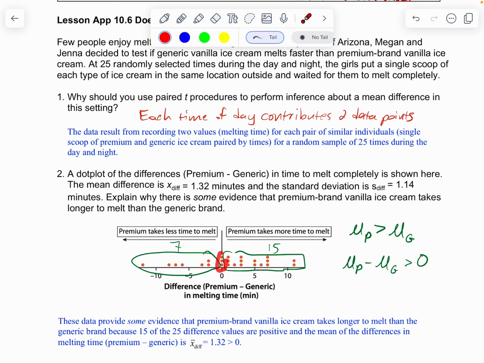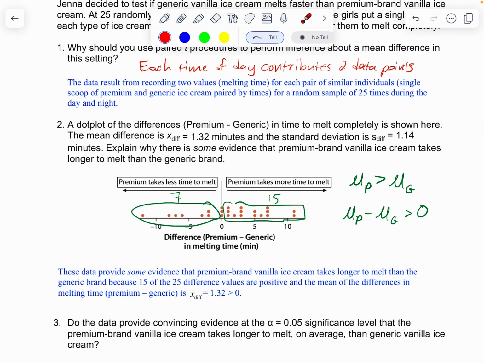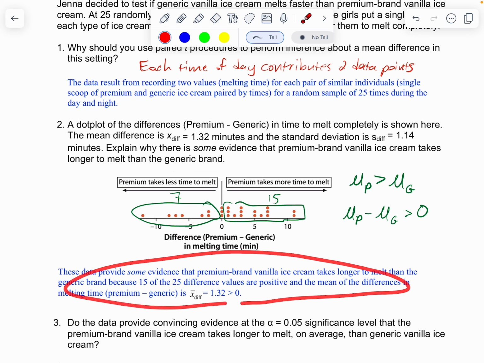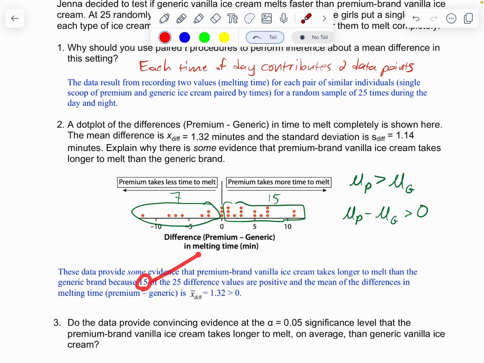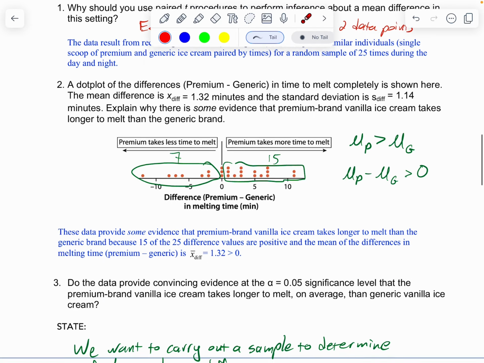And of course, we have 3 data points that are right on. So that's it right there. And that's essentially what this is saying. It says 15 of the 25 data points are positive and only 7 are negative. And the average difference that we got was positive.